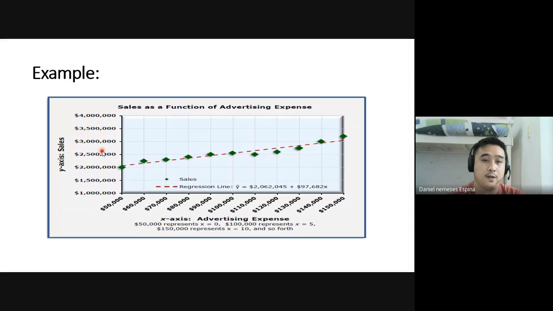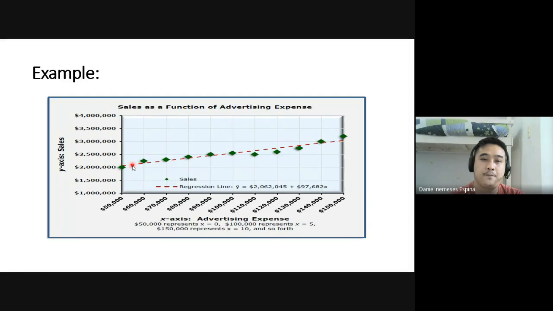So take note, for example, this is a variable that is very close to the regression line. So these dotted lines or broken lines are the regression line, and the green ones are the actual data points. So in this case, sales. These are the actual sales.